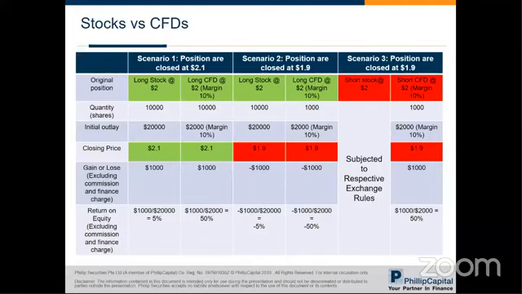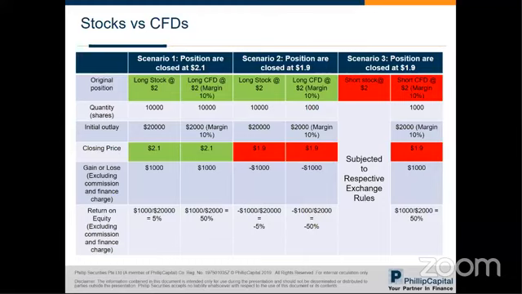But dividing by your capital, 1,000 divided by 20,000, you are making just a 5% return. Whereas with CFD, you can make a 50% return because your initial capital is just $2,000 only. $1,000 divided by $2,000 gives you a 50% return, which is way higher than conventional stock without leverage.